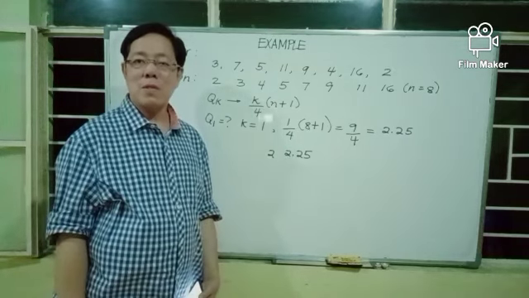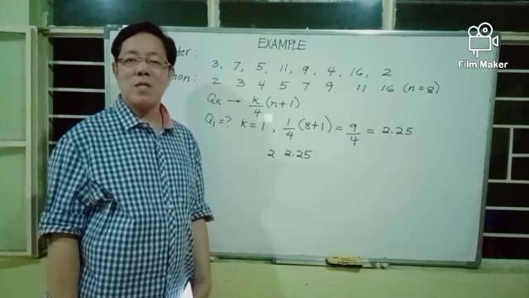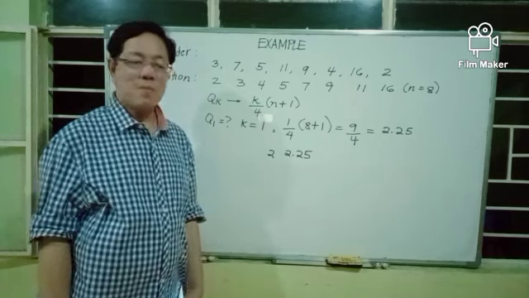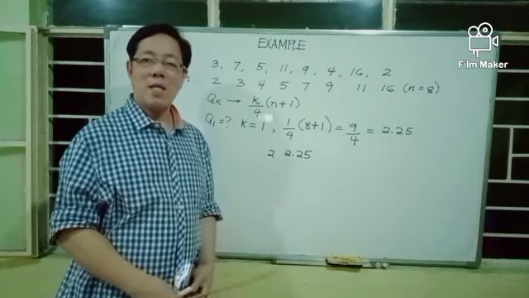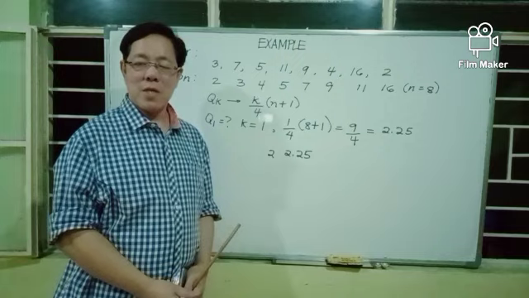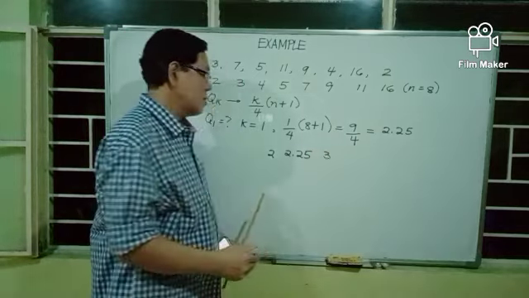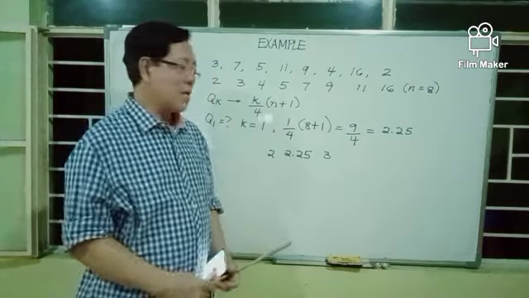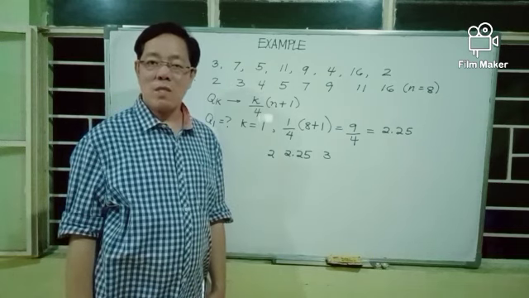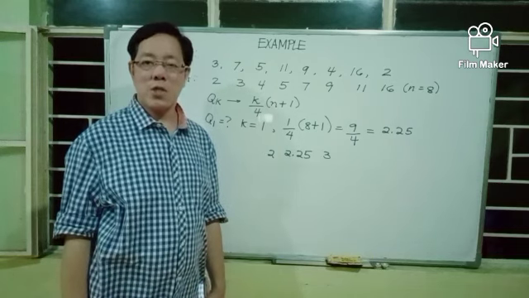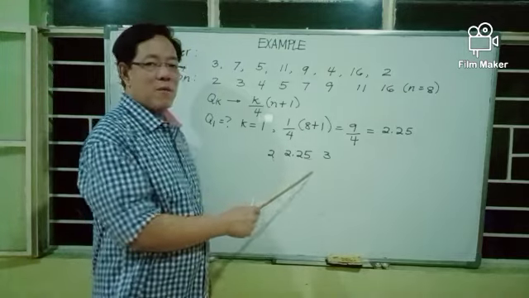Now you take the smallest positive integer or whole number that is greater than 2.25, and the integer is 3. Again, 3 is the smallest positive whole number that is greater than 2.25.